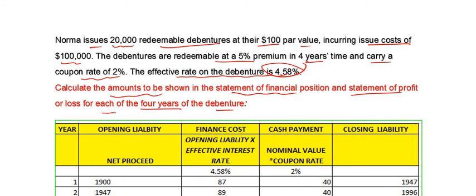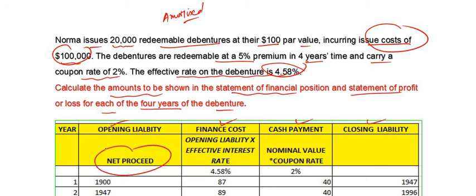So this is very simple. We will use amortized cost, and subsequently we will measure this amortized cost. So what you will do, you should deduct this issue cost. And you will write here a table: opening liability, finance cost, cash payment and closing liability.